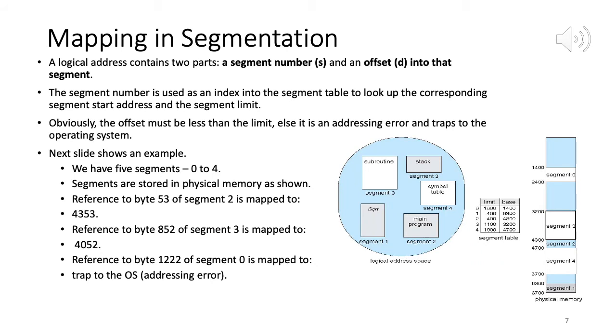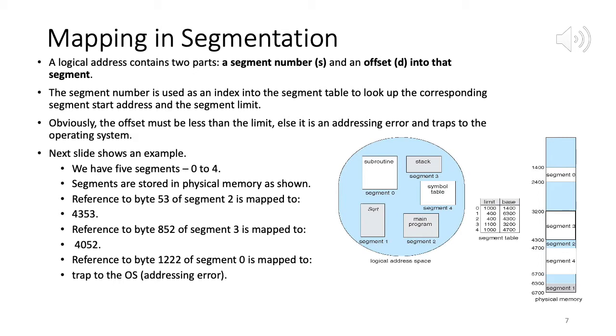Now I am on slide 7, and now we look at some concrete examples. Here we see a particular program, the same program we were discussing earlier. How many segments do we have? We have 5 segments, and we name them from 0, not 1.